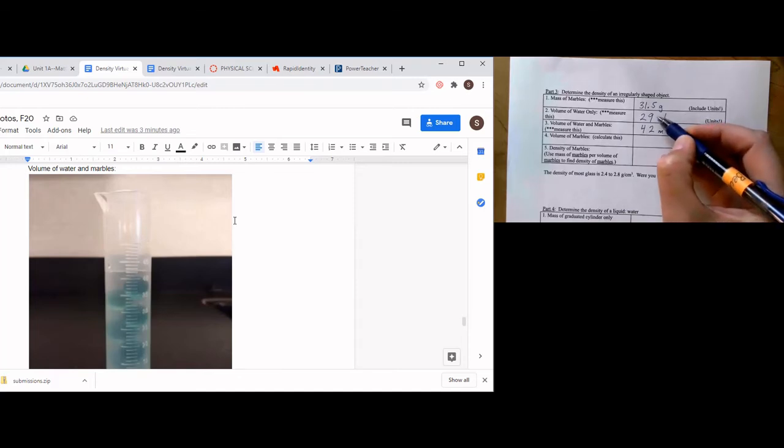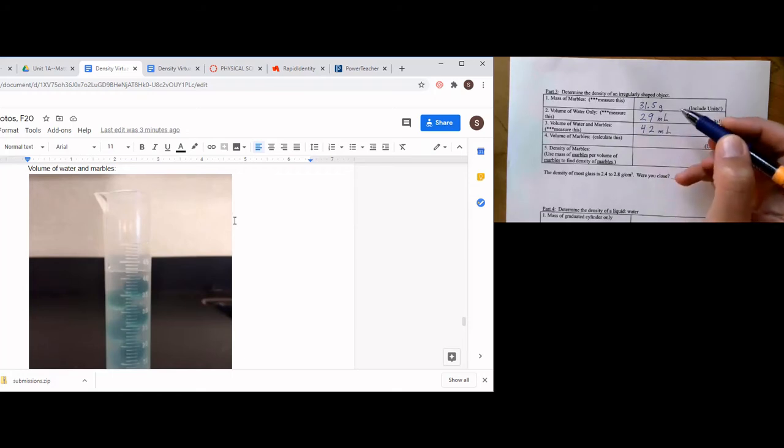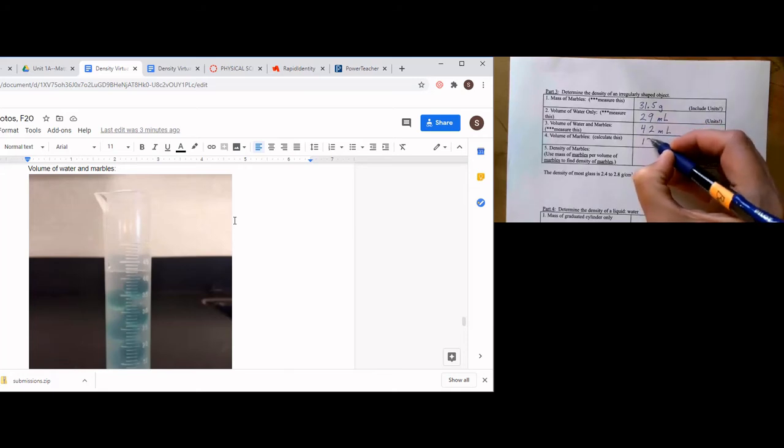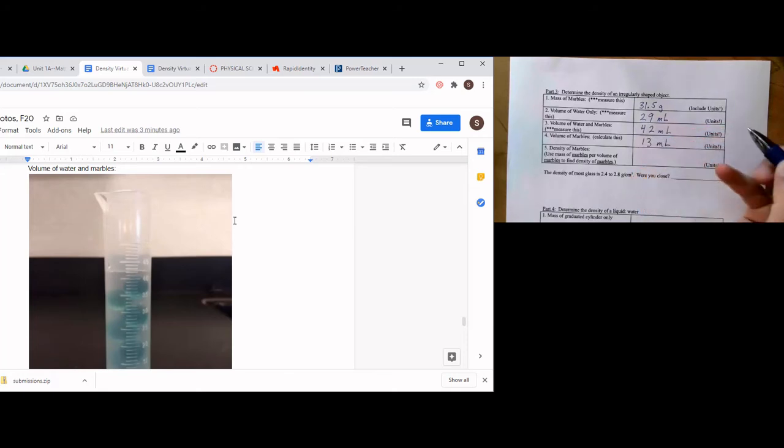The water started at 29 milliliters, and when the marbles were dropped in, it rose to 42 milliliters. The amount that it rose is the volume of the marbles, how much space the marbles take up. So subtract these two numbers, and you will know the volume of just the marbles. When you do that, you get 13 milliliters.